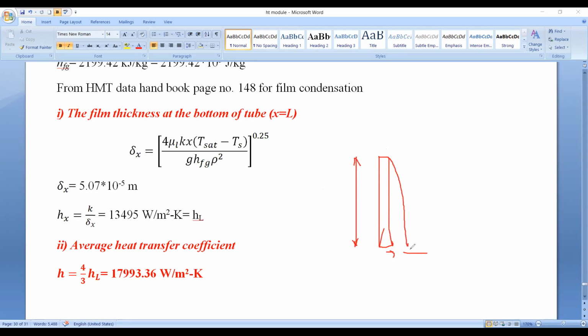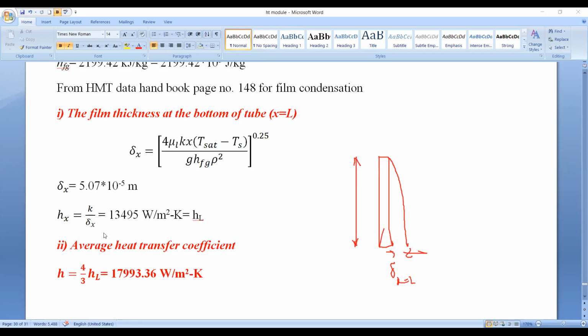Thickness is nothing but delta, and he is asking what the thickness is at the bottom. So delta x, where x equals L, is to be calculated. x is nothing but L only, because x is measured from the top. So the value of delta x equals 5.07 into 10 to the power minus 5 meters.